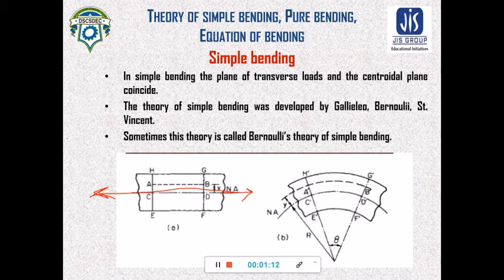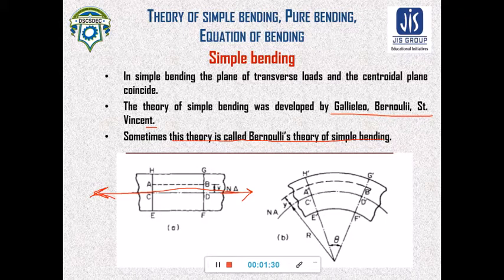These are the main points of the theory of simple bending. This theory was developed by Galileo, Bernoulli, and Saint Venant, and sometimes it is also called Bernoulli's theory of simple bending.